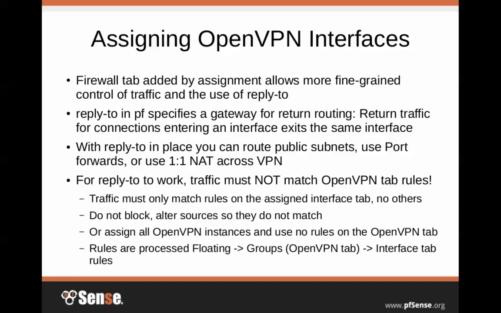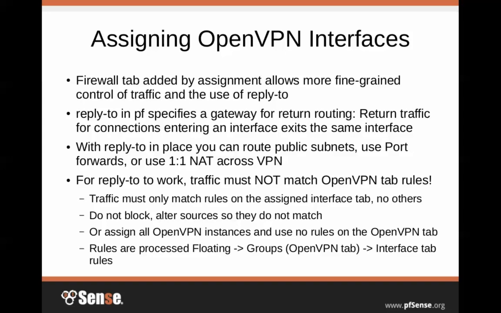So you need to actually fix your OpenVPN tab rules so that they do not match this traffic. So say you've got 2 VPNs and you've only assigned one of them, the rules on the general OpenVPN tab, you need to make sure the source is set so they will match only the sources from your other VPNs and not this one. Now, if you do match the rules on this tab, it will use reply-to, like I mentioned, to make sure your traffic goes back out the way it came in.